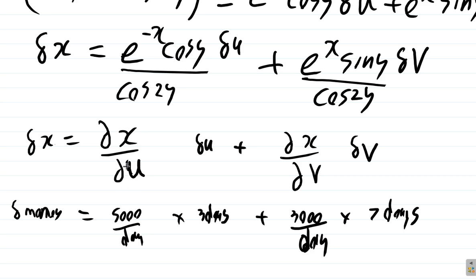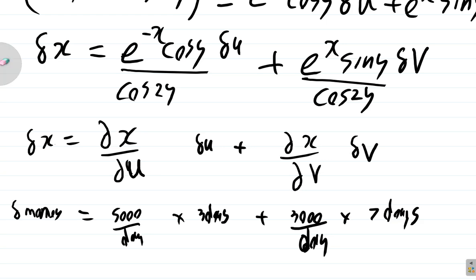So this is the rate of change of X with respect to U, times a change in U. Change of money per day times number of days, change of X by U times number of U's, a change in U. So it's something like that.